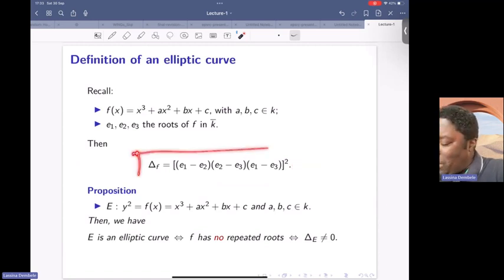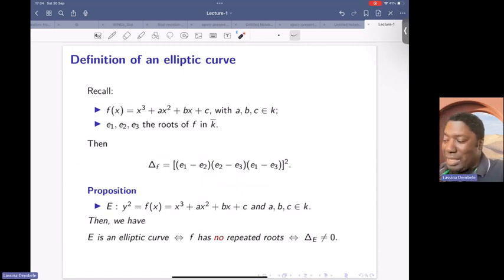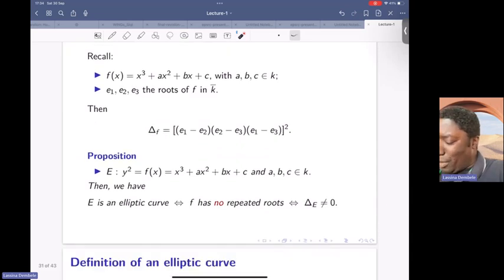So this is the formula for the discriminant: you take the differences of the roots, for pairwise distinct indices, to the square, and that's the discriminant of the cubic. And so, granted this, you see that your cubic would be an elliptic curve if the polynomial doesn't have a repeated root. And of course, this is equivalent to saying that the discriminant is non-zero.